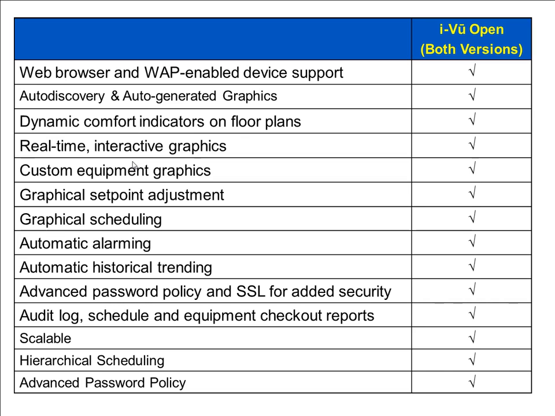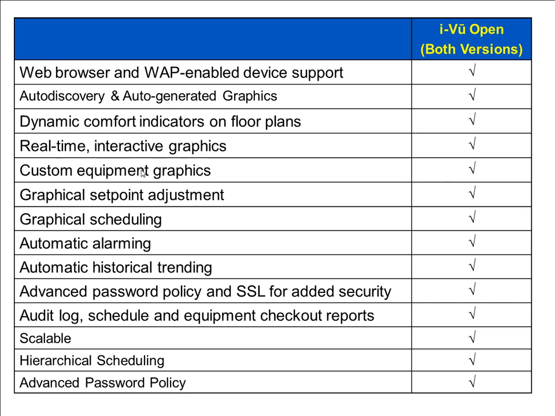Kind of as a review, in iView Open both versions, being the standard and the Plus, list the features here with the web browser and WAP-enabled device support, auto-discovery and auto-generated graphics, dynamic comfort indicators on floor plans.